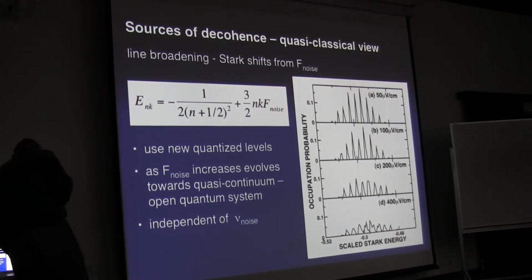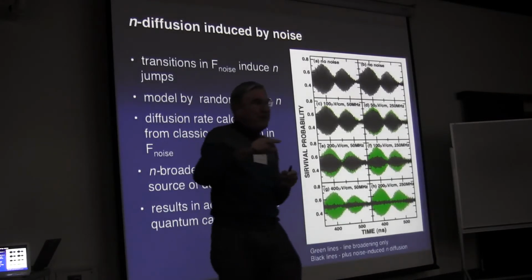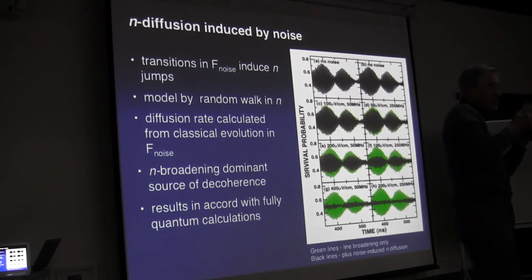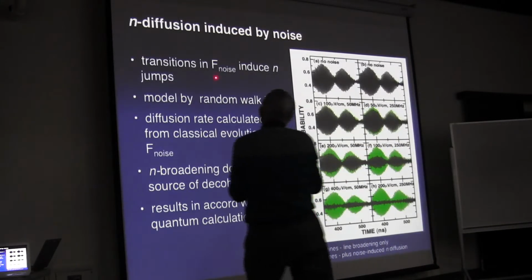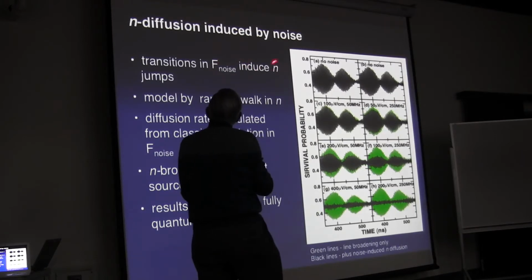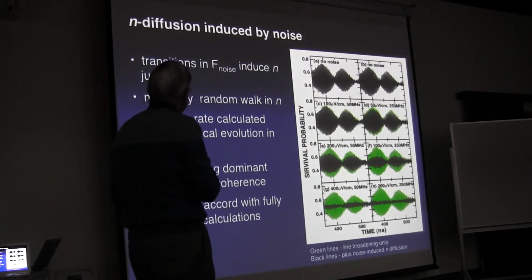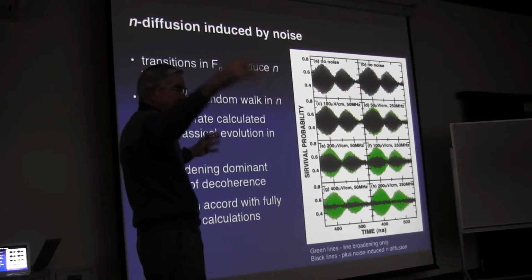The other source of broadening is because you have field steps. When you apply a field step to an atom, there's a probability of it undergoing a change in its N. Okay? So what happens is the transitions in the noise frequency induce N jumps. And these you can model by a random walk in N. You just say as time goes by, the number of N levels I have broadens.